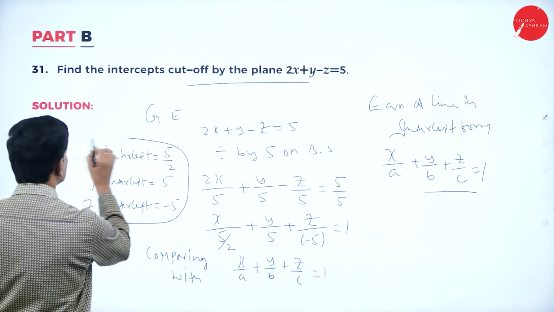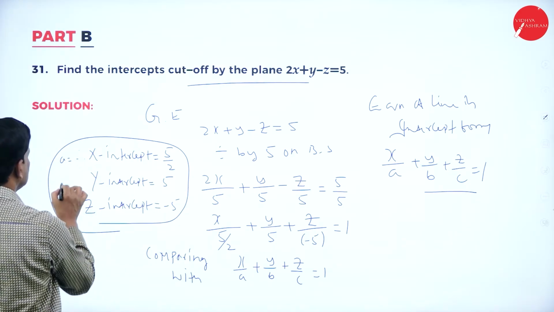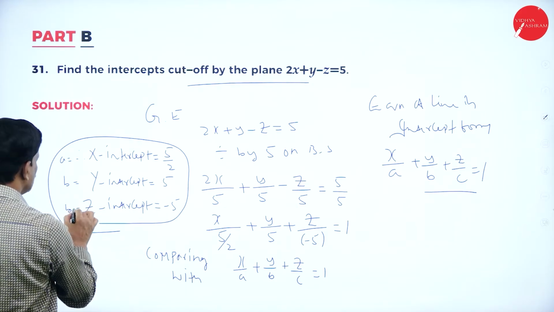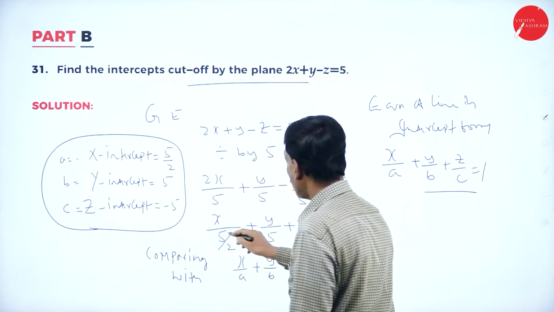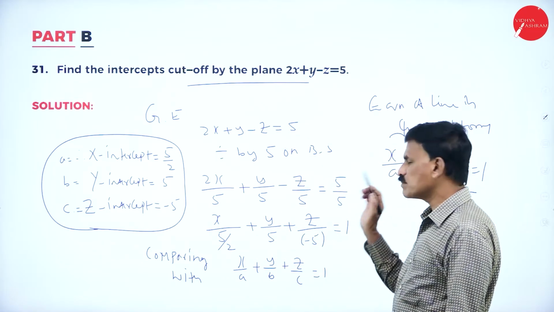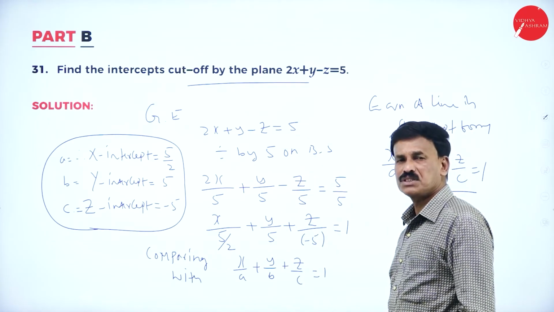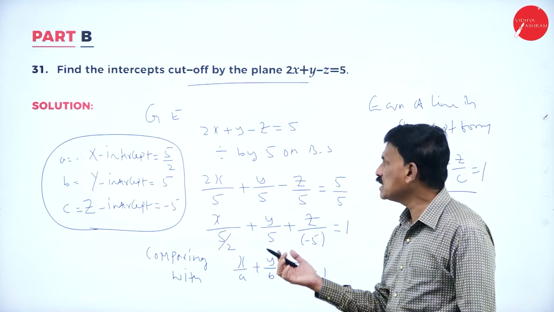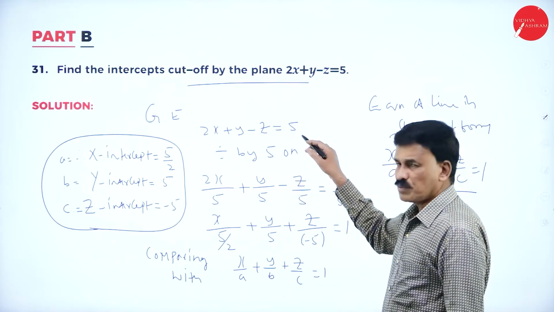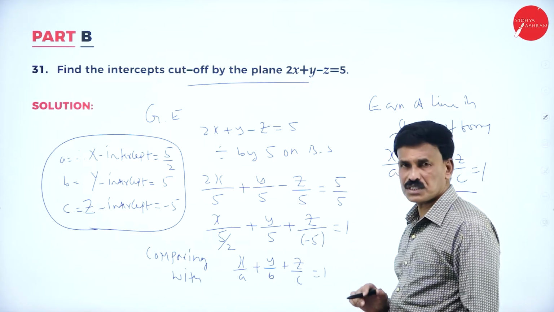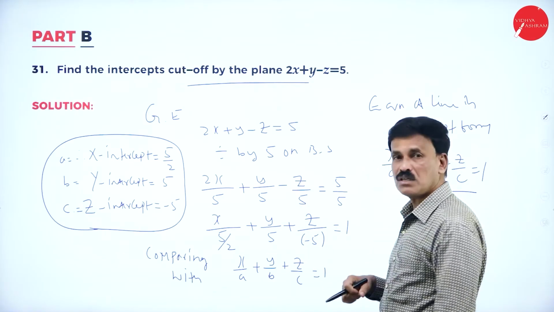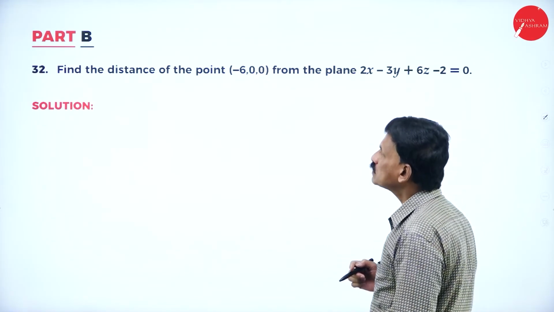So these are the intercepts. You can also consider these as a, b and c. So the x intercept is 5 by 2, the y intercept is 5, the z intercept is minus 5. Very easy. Just divide by whatever value other than 1 is on the right hand side, and you will get the answer. That's it. Now let us come to the next problem.